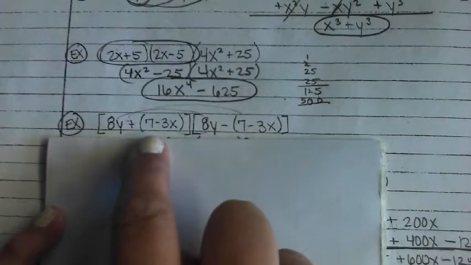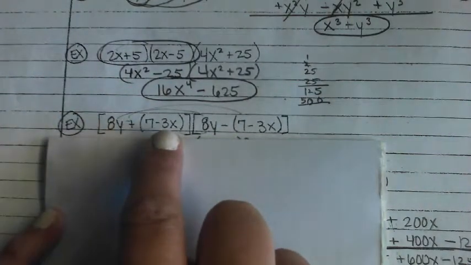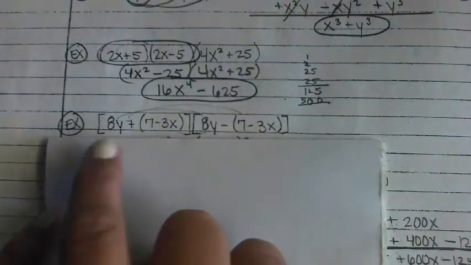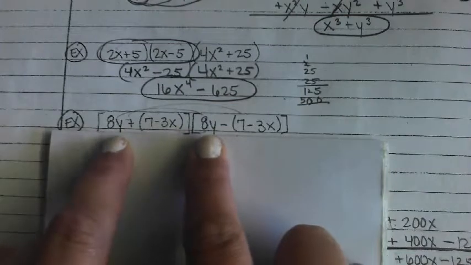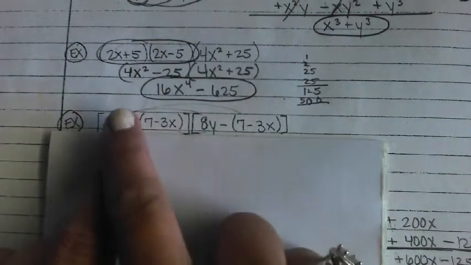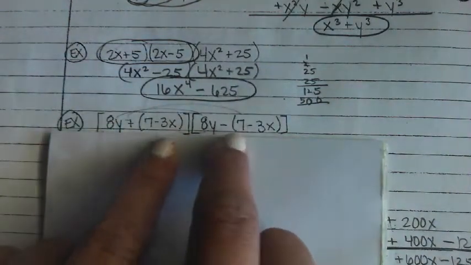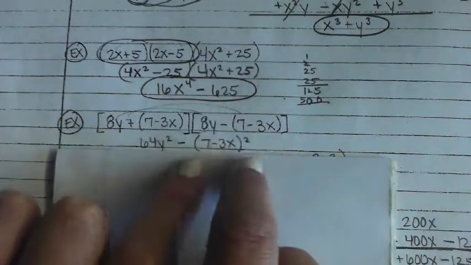So when I did this, I looked at this as conjugates. 8y plus this binomial, 8y minus the same binomial. So rather than going through a 3 by 3 multiplication, which can get ugly, I did the conjugate method that we talked about before. So your first times your first is 64y squared, right? Because they're conjugates, your outer and your inner will cancel, and then your last times your last will be a negative 7 minus 3x squared.